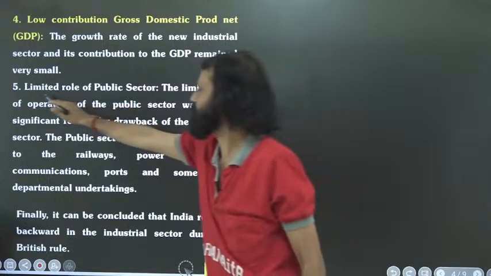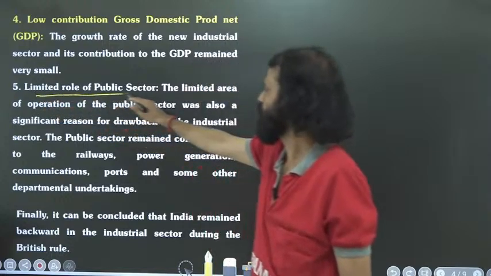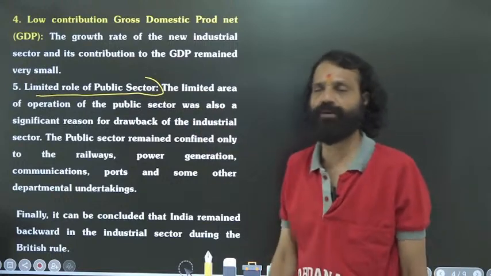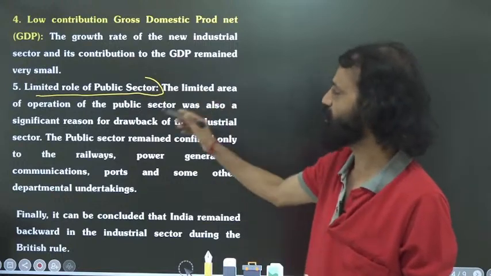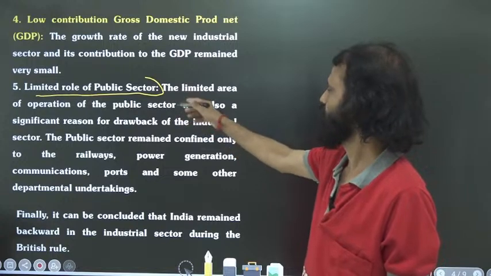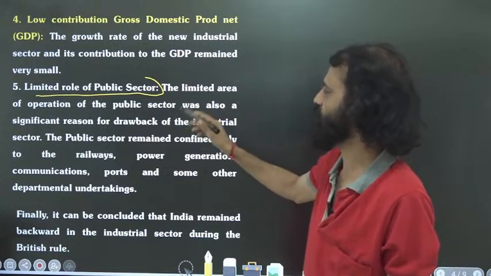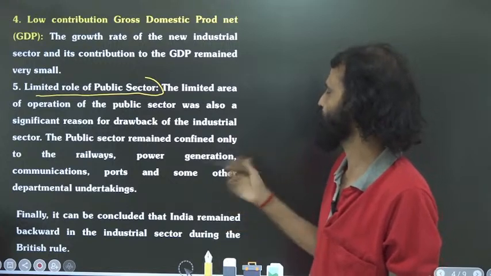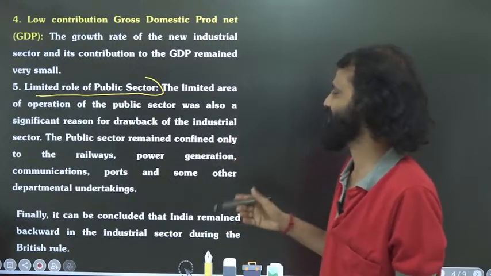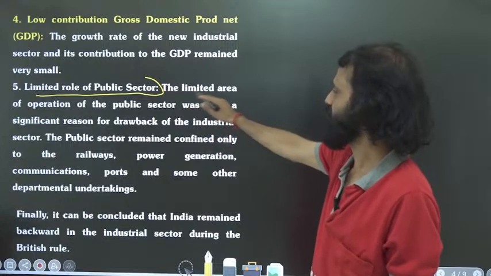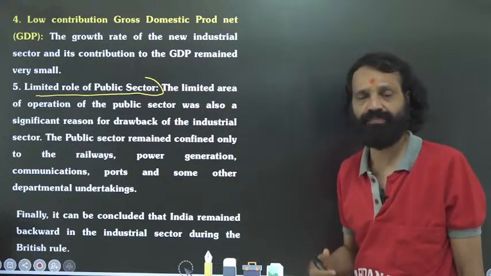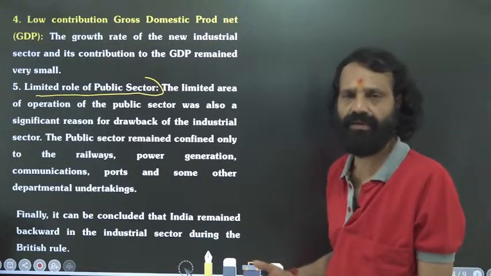There was not enough public sector participation in the Indian economy. That is what limited role of public sector means. The limited area of operation of the public sector was also a significant reason for the drawback of the industrial sector. There are many public sector undertakings in India right now.